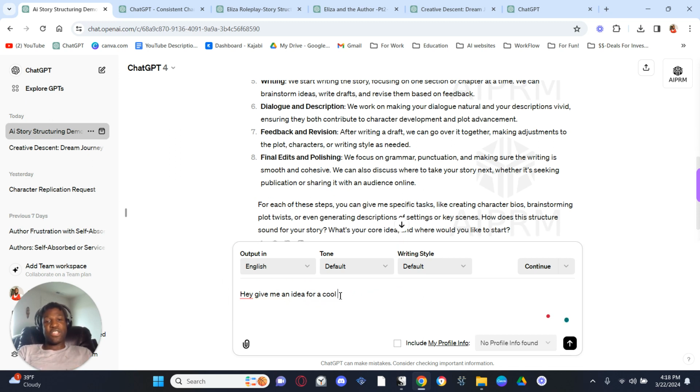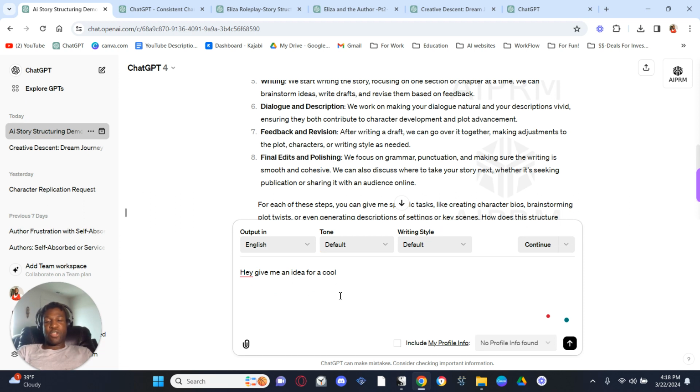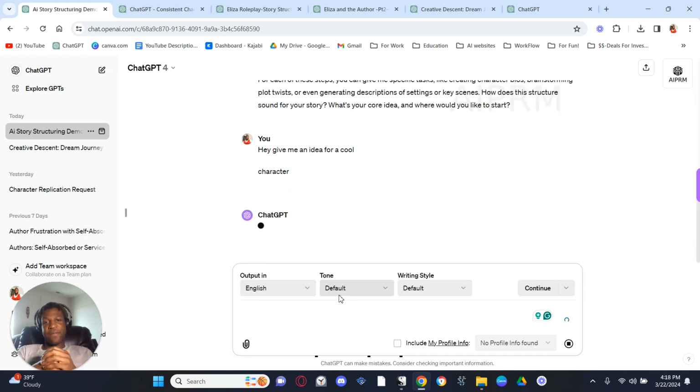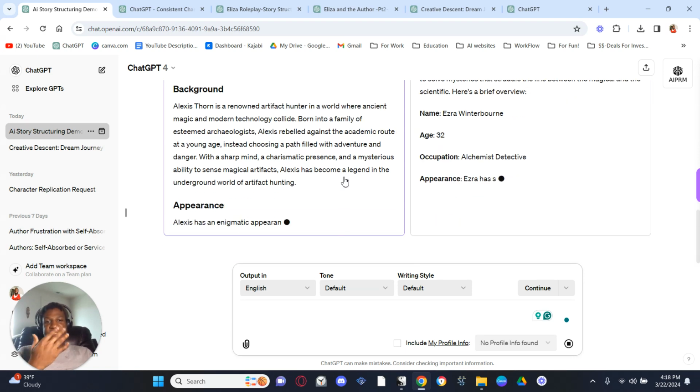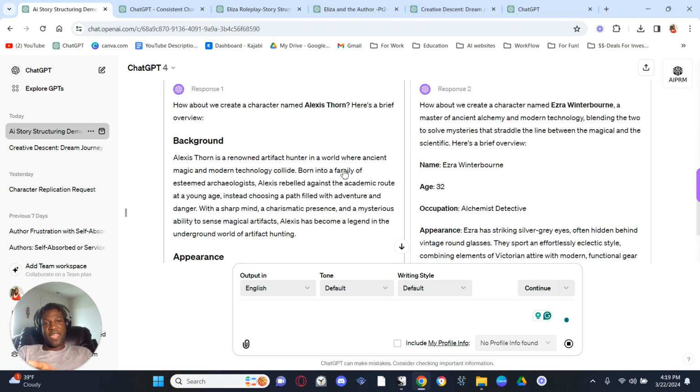Now, if you legitimately don't know how to do that, you can just say, hey, give me an idea for a cool character. So we'll have character right there. It can come up with random characters, and then you just pick one. Then you can say, give me an idea for a setting with this character.